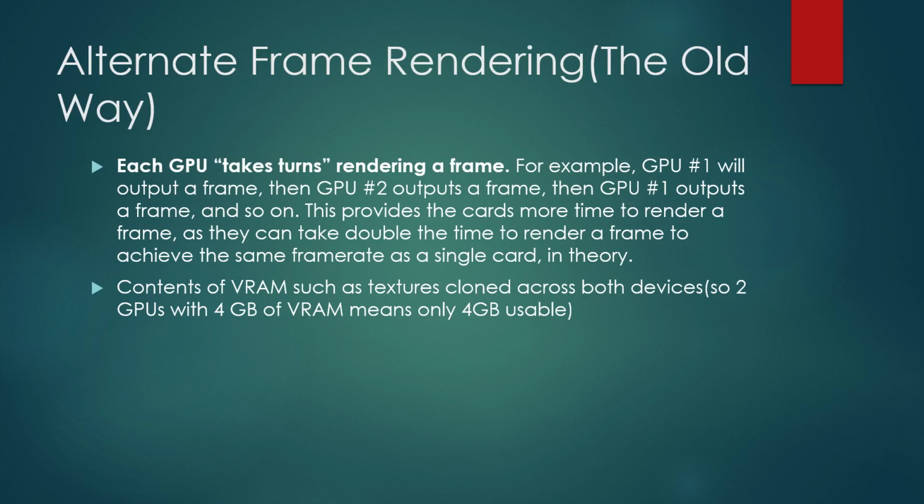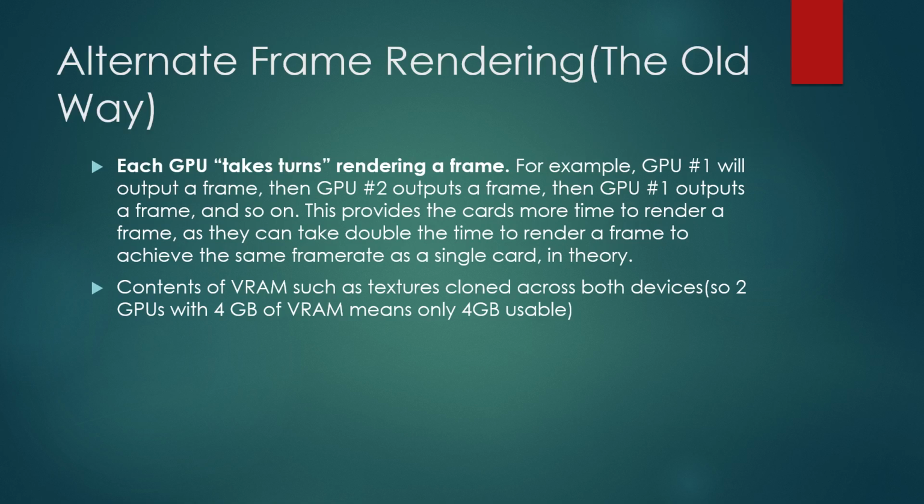They're building frames into the buffer, and they'll still take a while, but because they're working on separate frames, they can sort of do their own thing and take a bit longer, and you still get a lot of frames per second. So you essentially can take double the time to render a frame and still achieve the same frame rate because there are 2 cards working on frames, at least in theory.